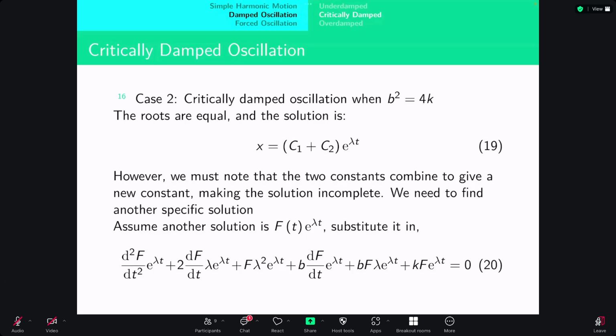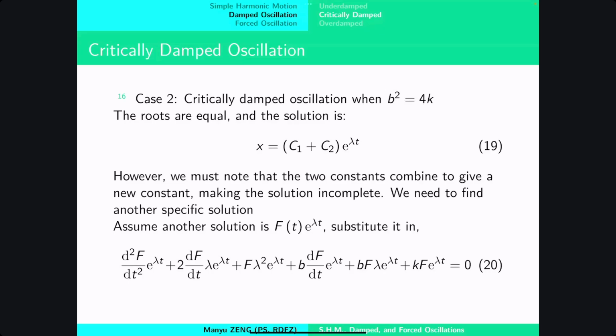So we substitute this because we assume that this is a solution into the second order ODE. We expand all the differentiations using the product rule of differentiation, and we get this thing. This has 6 terms on the left-hand side, but don't be scared. We will cancel them one by one.